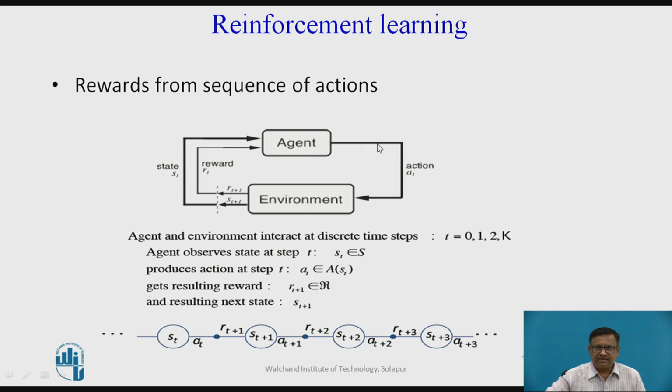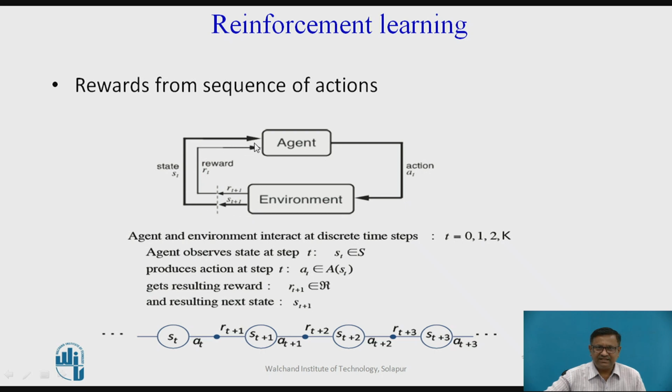The agent does some action, A, and based on the action, the environment may give some reward or punishment in the form of feedback to the agent, and this moves the environment into the next state.